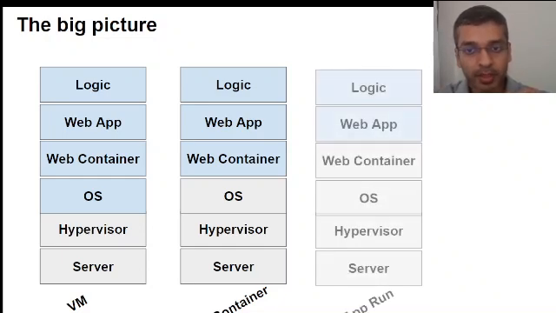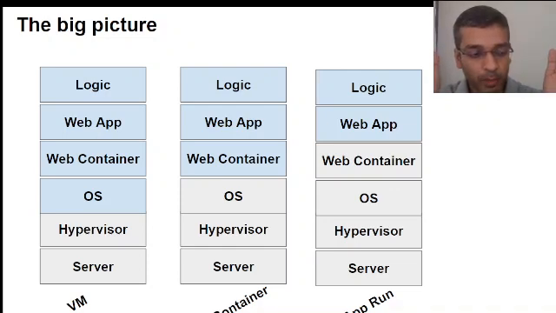You can go even further up and deploy your web app inside one of the web containers that is available as a service. Think of this as Google App Run or AWS App Runner. You don't even have to worry about deploying your own Tomcat or WebLogic web container.